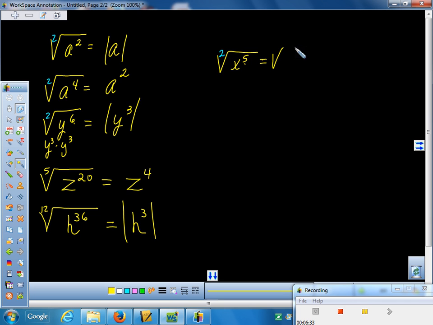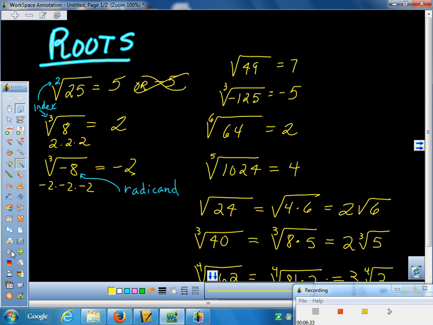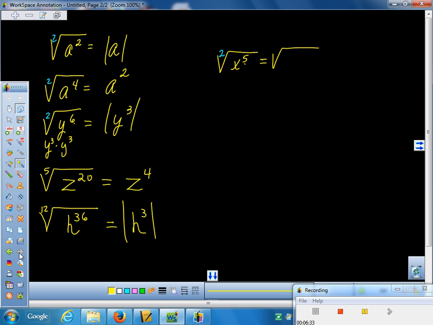Just like a few minutes ago when we broke down the square root of 24 into 4 times 6, technically what you do with variables is break it as x to the something times x to the something. X to the 4th times x. The index is 2.